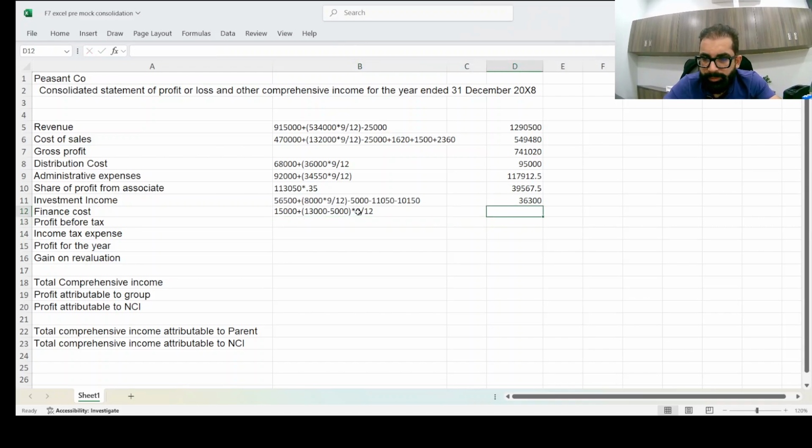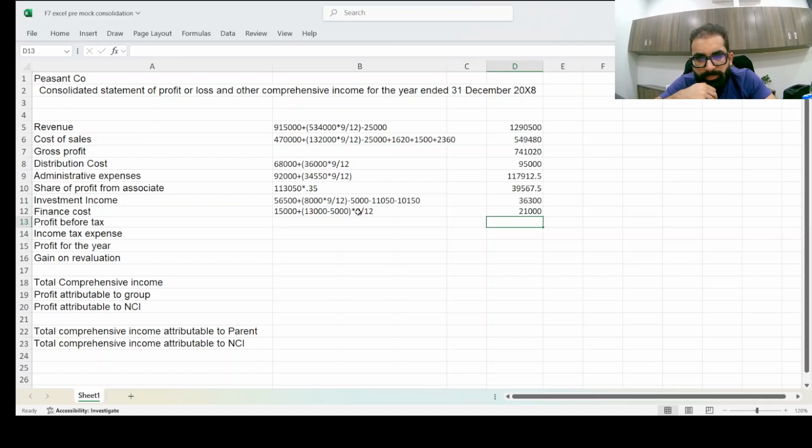So let's apply it. Equal to 15,000 plus bracket open 13,000 minus 5,000 times 9 upon 12, which gives 21,000.